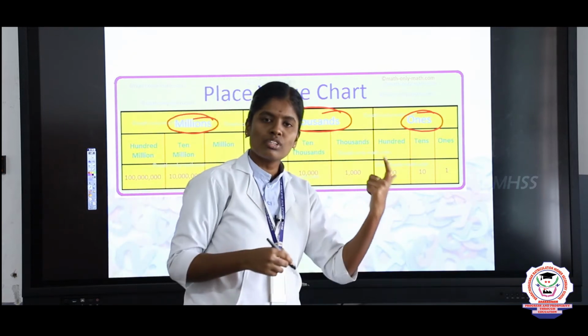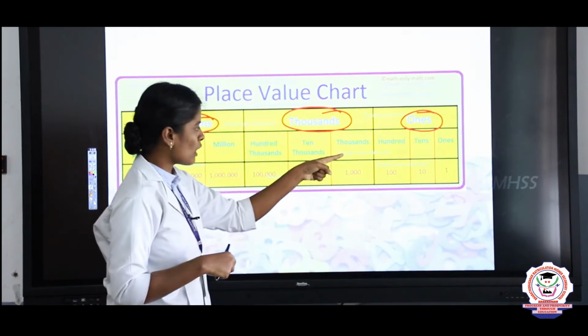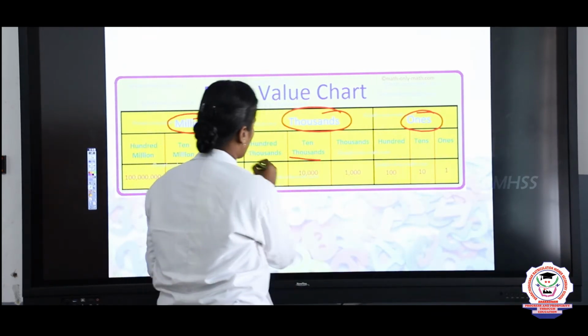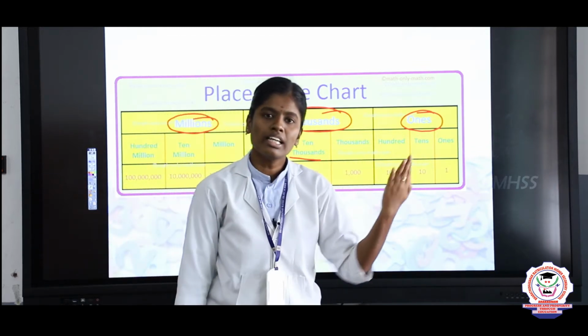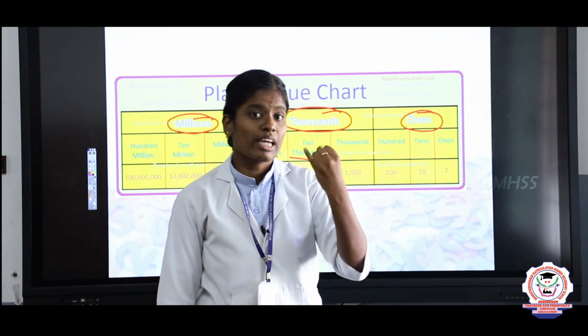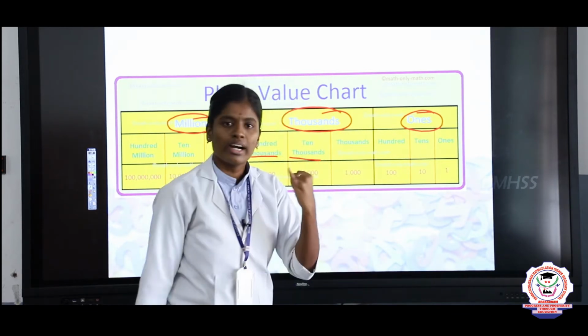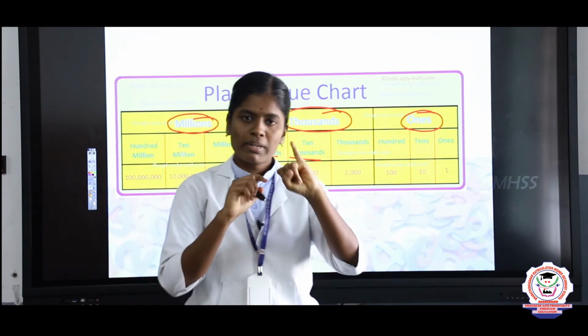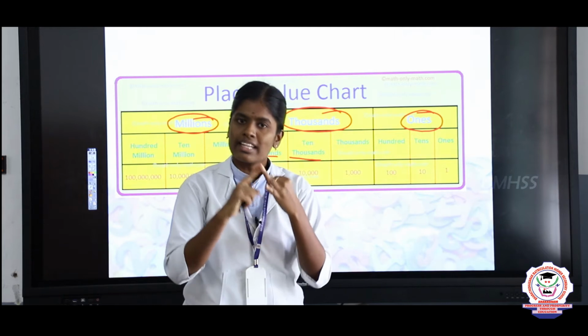In this thousand column also we divide into 3 equal parts: 1000, 10,000 and finally 100,000. What are the 2 common periods? Ones and thousand. In ones place we have 3 sub periods: ones, tens, hundreds.